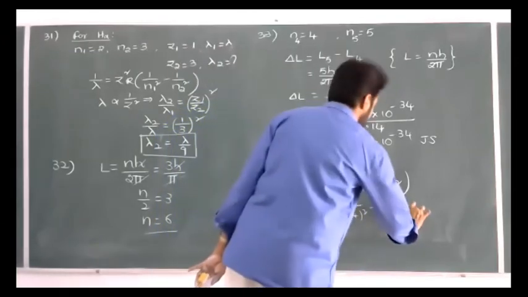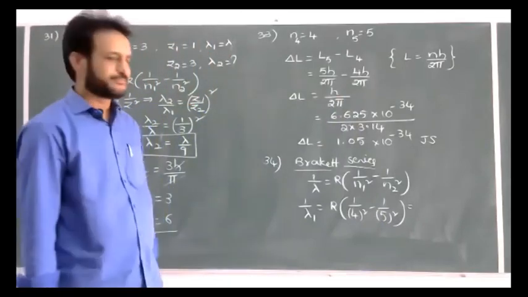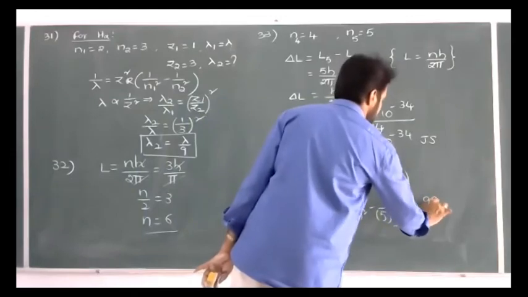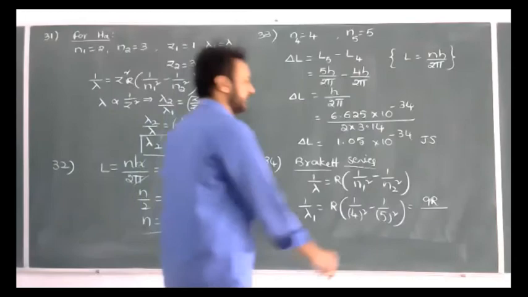That is equal to 1 by 16 minus 1 by 25, which is 25 minus 16 is equal to 9R divided by 25 into 16, that is 400.